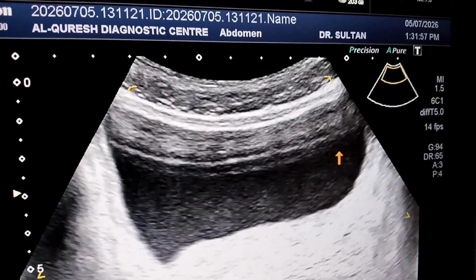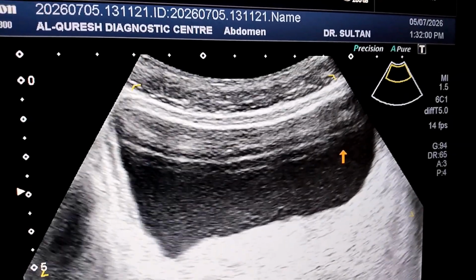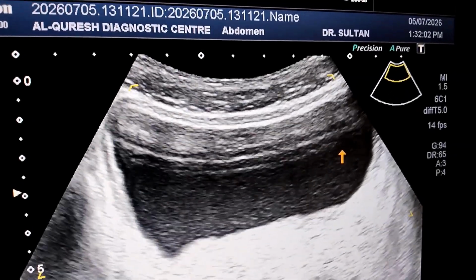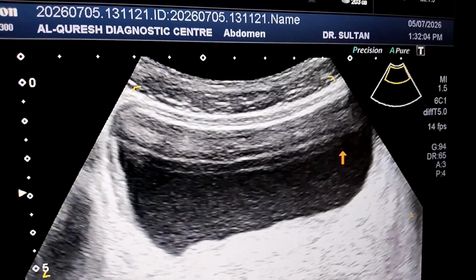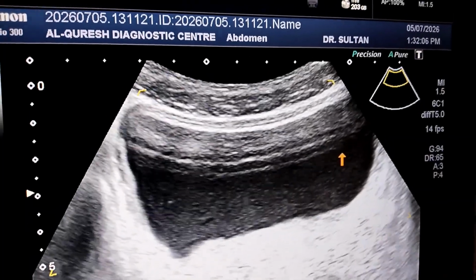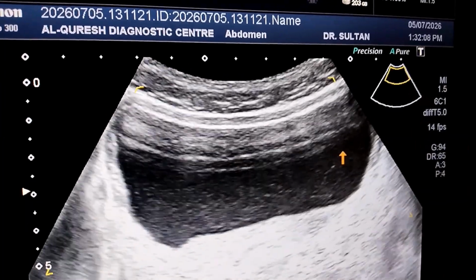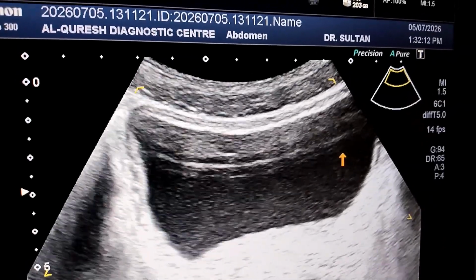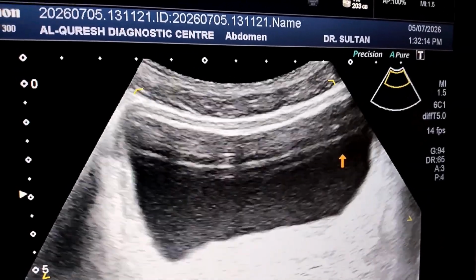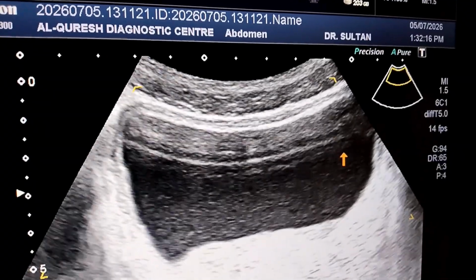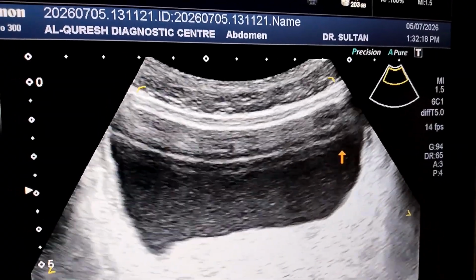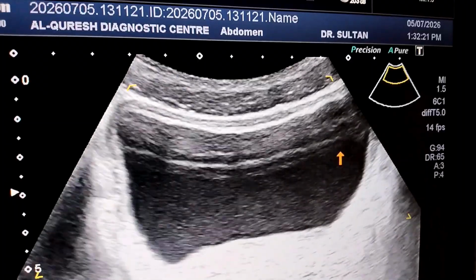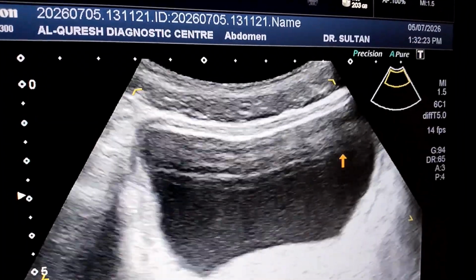So in my opinion this may be infectious because there is no history of drug therapy, chemotherapy, radiation. Also, it may happen in the neurogenic urinary bladder. That is non-infectious. So in my opinion it is infectious cystitis, and it is an acute case.